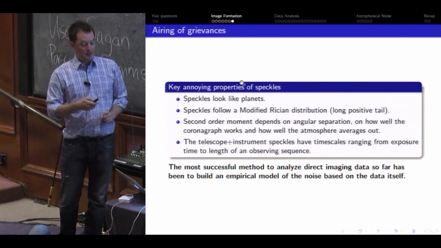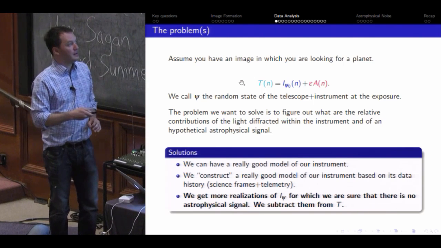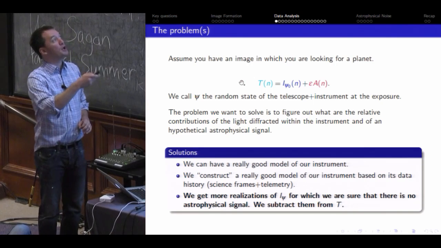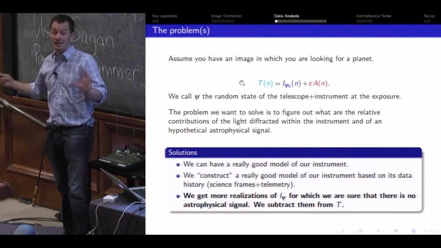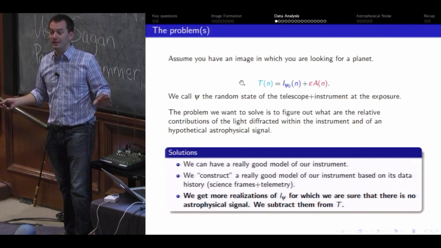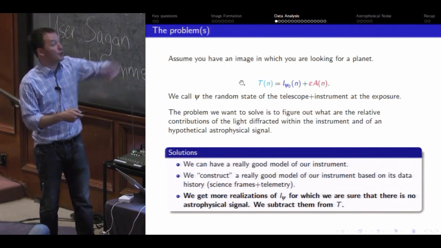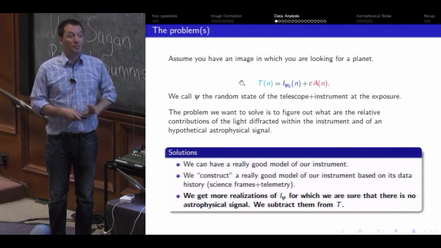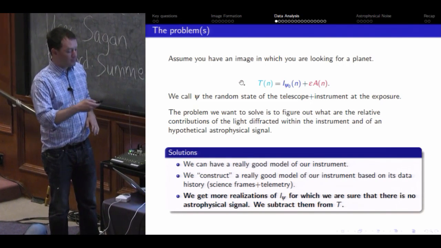For all of these reasons, most of the methods we've been using try to get a bunch of realizations of the noise, build an empirical model of the noise based on that, and try to remove it. There have been a few attempts to construct a good model of the instrument or use the telemetry to retrieve it, but by and large, all the results you're seeing right now are focused on this.